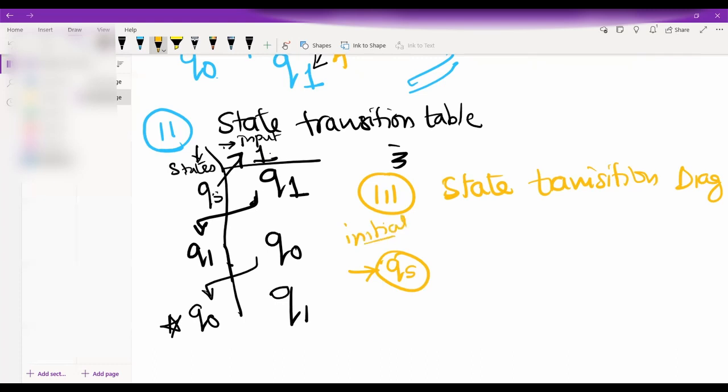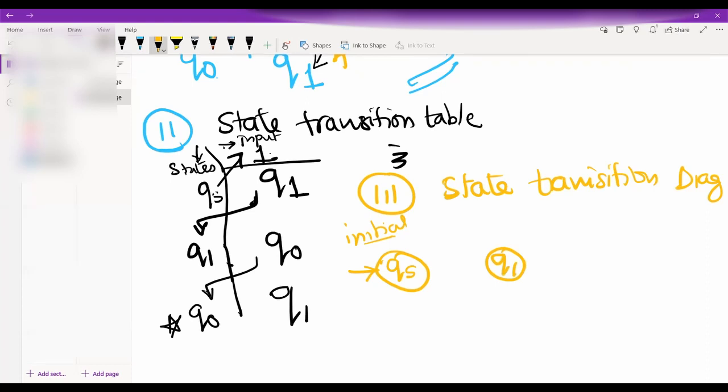Now from QS on 1, it is going to Q1. So I will draw one arrow connecting them. Here I will draw one circle. Within the circle, I'm going to write the resultant state, which is reachable from QS with the input 1. So this is the resultant state, whose name is Q1, and QS and Q1 are connected with the help of 1.